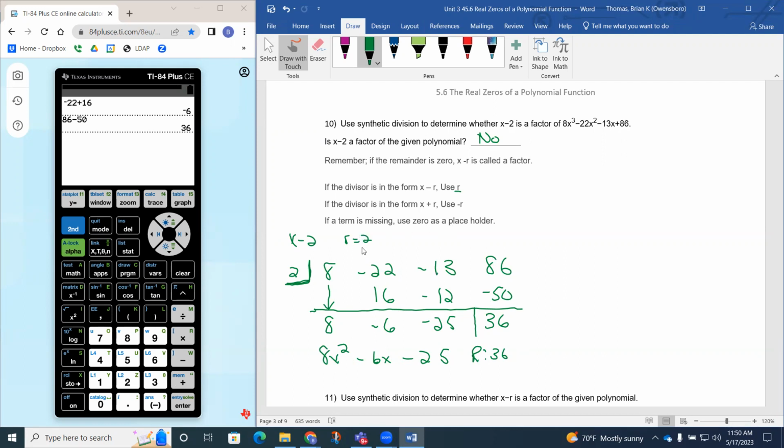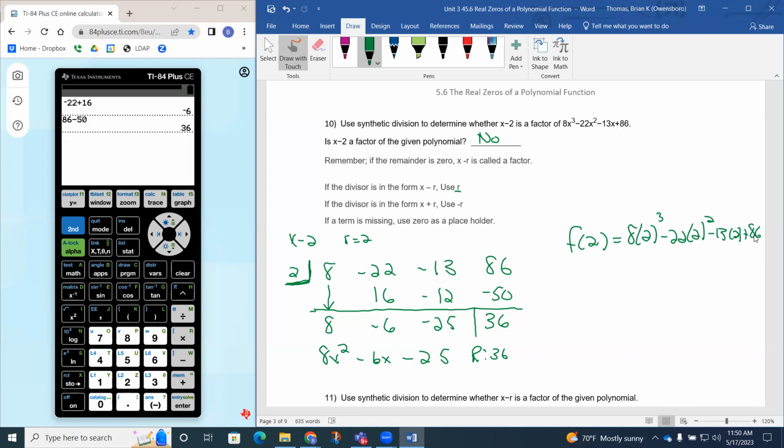So if I wanted to verify that I did this correctly, I could also do f of 2. If I evaluate f of 2, I should get the same remainder. So I have 8 times 2 to the third power, minus 22 times 2 to the second power, minus 13 times 2, plus 86.